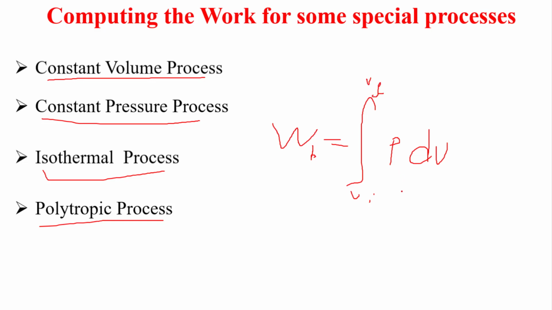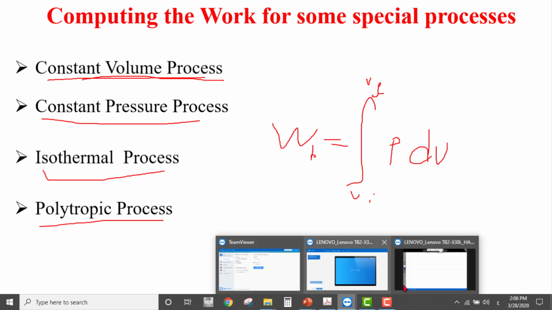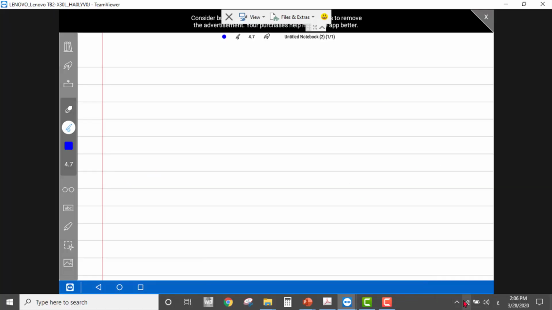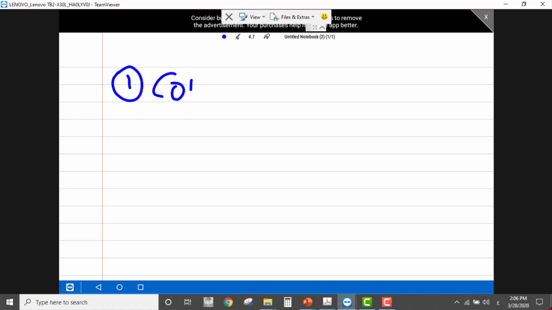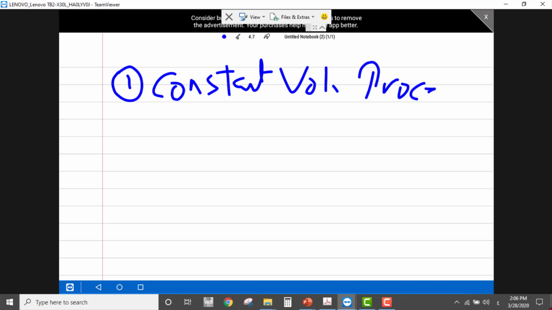Now, before going to those slides, I'll use the solving board, and we'll come to them one by one. So first, if we are talking about a constant volume process, let me draw the PV diagram.